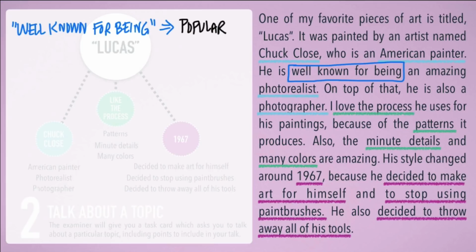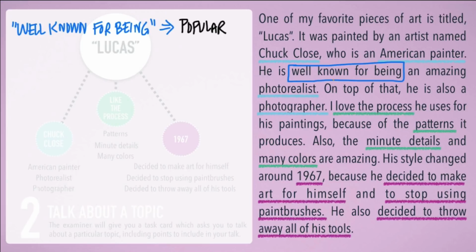Okay, let's keep going. On top of that, he is also a photographer. Okay, now, real quick, for pronunciation, in America, we say this two ways, photographer or photographer. So don't worry, it depends on what part of America the person may live in, and even in some parts of England. But photographer or photographer, both are okay. So let's keep going.